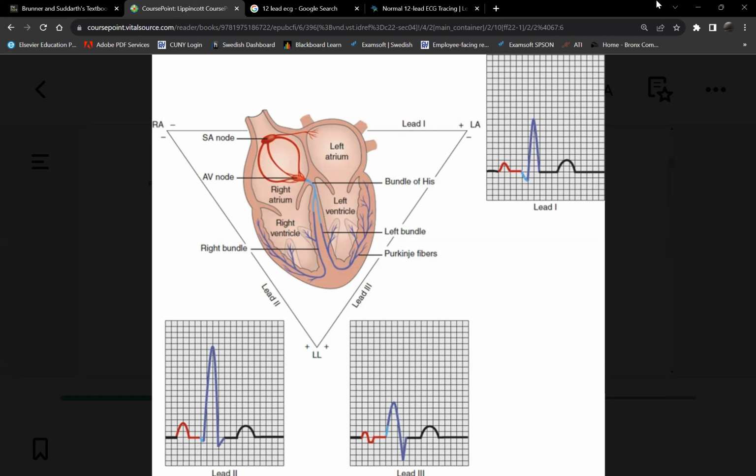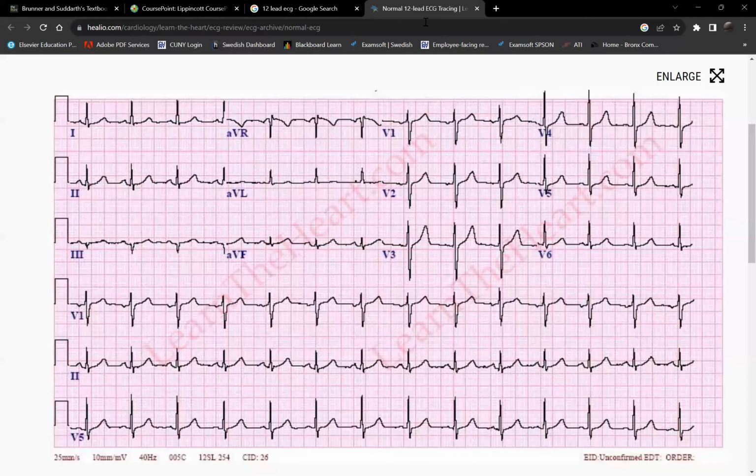However, lead 1 is looking at it from the top. So therefore, lead 1 will have a different view from where it's looking. So is lead 3. And then same thing for leads 4, 5, and 6. So when we go here, that's why this is lead 1.